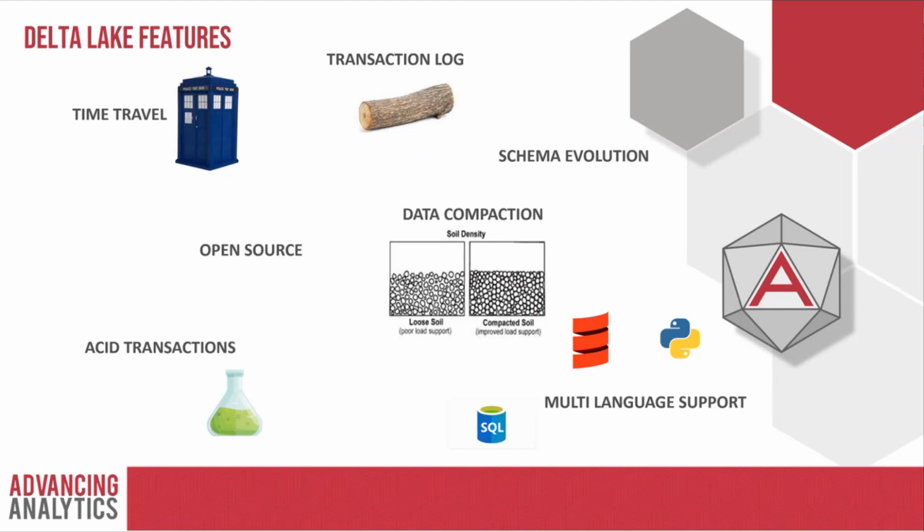And then we've got ACID transactions. And this is probably the biggest thing that gives us a feature of a data warehouse in a data lake. So ACID stands for atomic, consistent, isolated, and durable. Atomic basically means that your transaction will either succeed or fail. It can't get halfway through and then leave your database in a weird state.